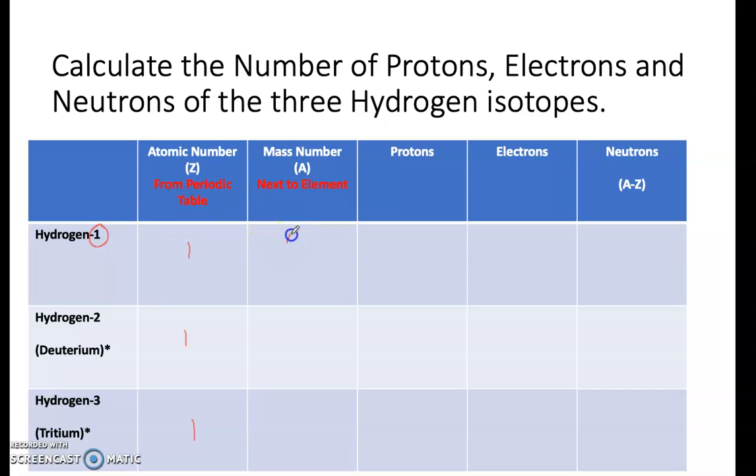That's number 1. This number here is going to be the mass number for that second isotope, and this number here is going to be the mass number for this isotope. So from the periodic table we see it has the atomic number 1, so that means it has 1 proton, 1 electron. And they each have 1 proton and 1 electron because they share the same atomic number.